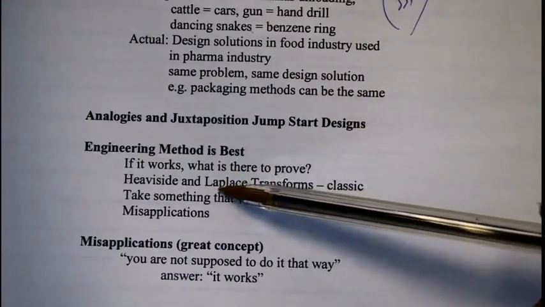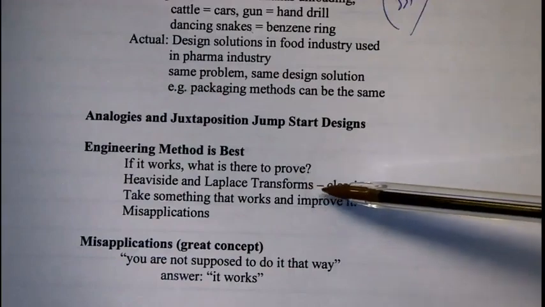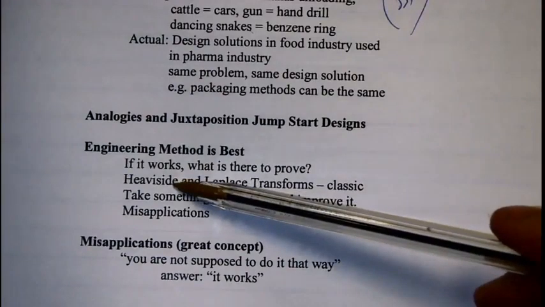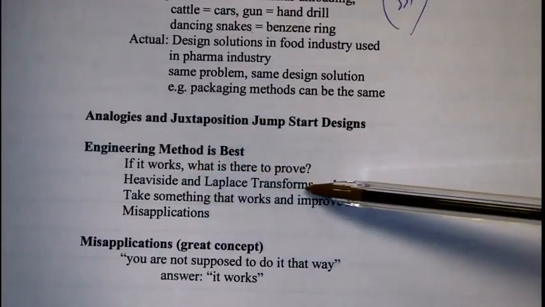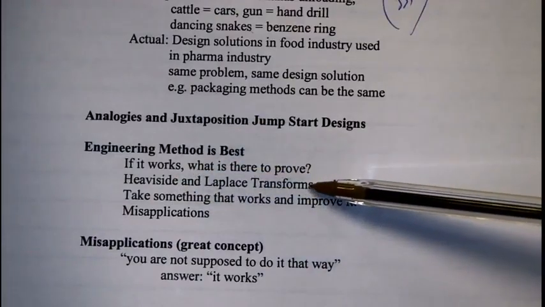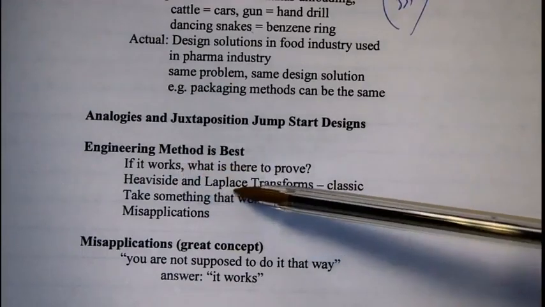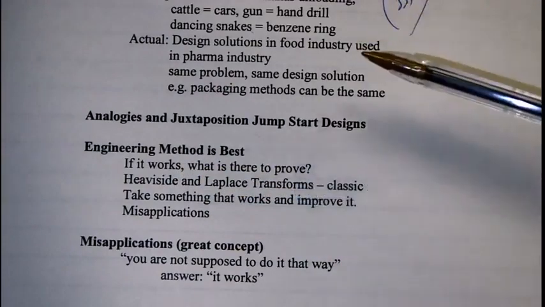The mathematicians would say, you can't do that, there's no mathematical theory. And Heaviside would take his answer and plug it back into the differential equation and say, see, it works.